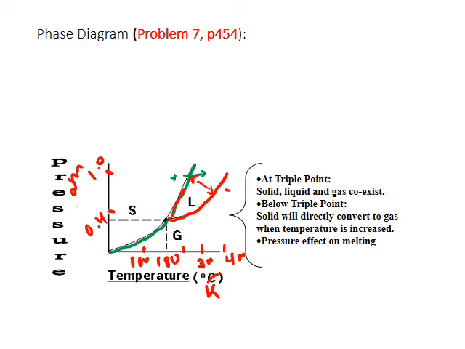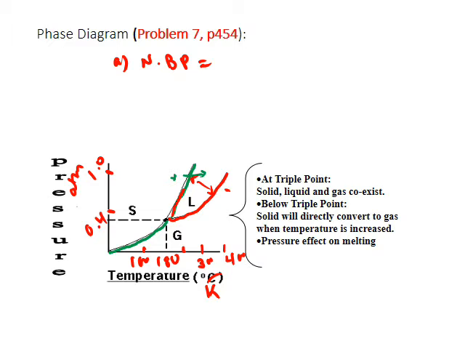Question A, normal boiling point. Normal boiling point means the boiling temperature under 1 atmospheric pressure. So basically you draw a horizontal line at 1 atmospheric pressure.